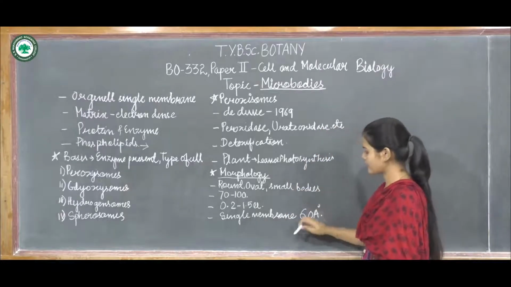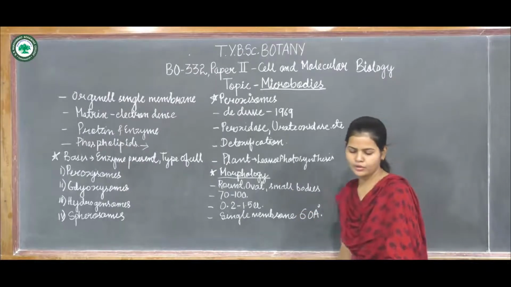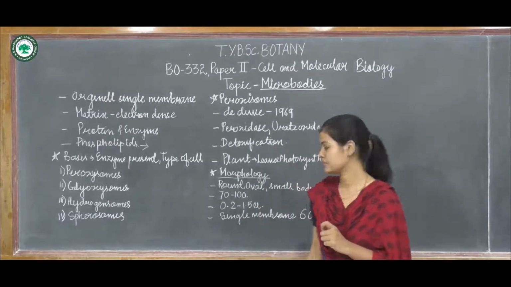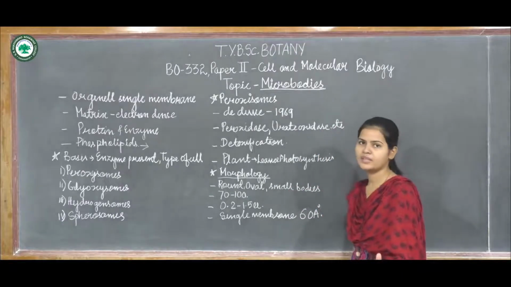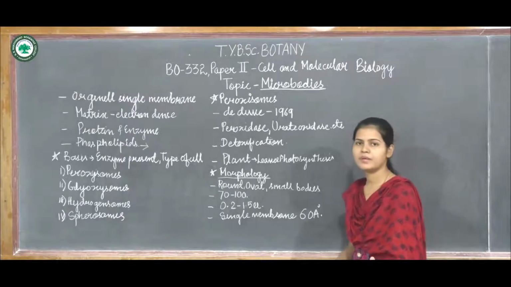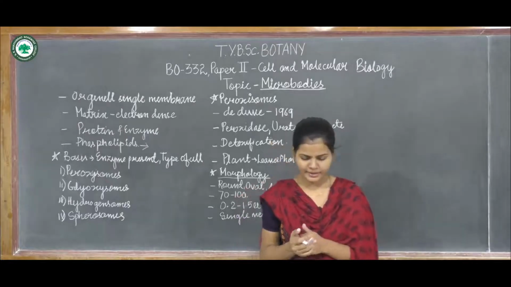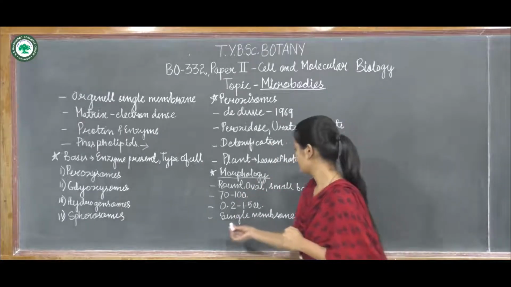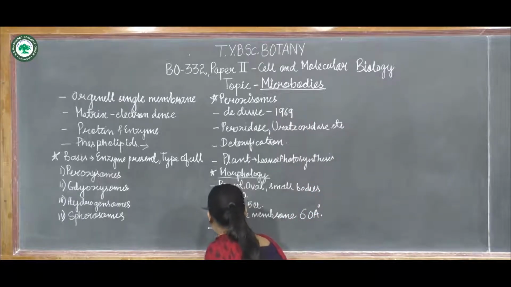So it has only one membrane, and that will be 60 angstrom across. Now these membranes are selectively permeable. So it will be permeable to some selected acids like hydroxy acid and uric acid.